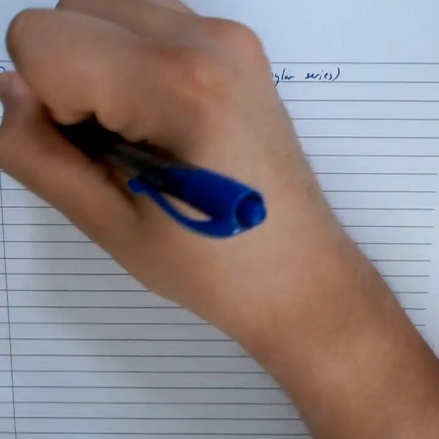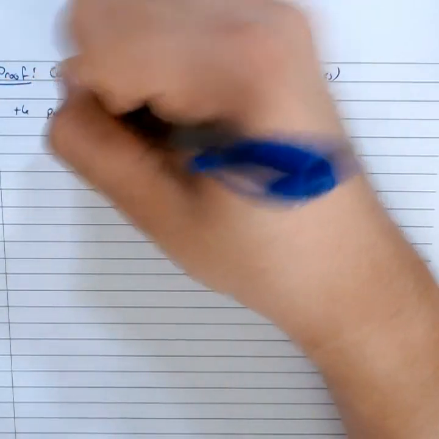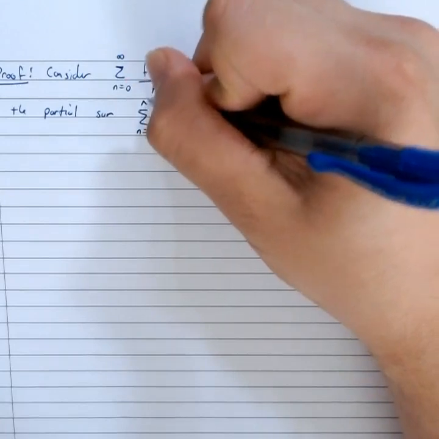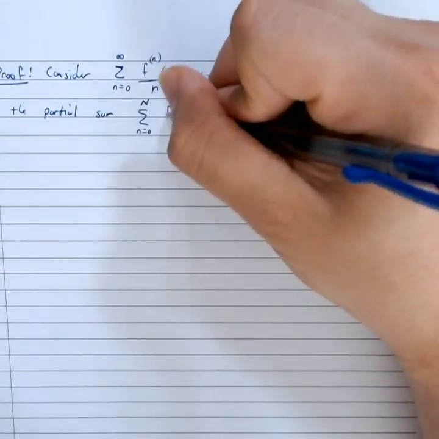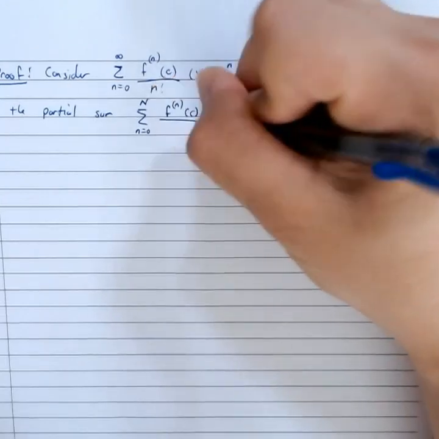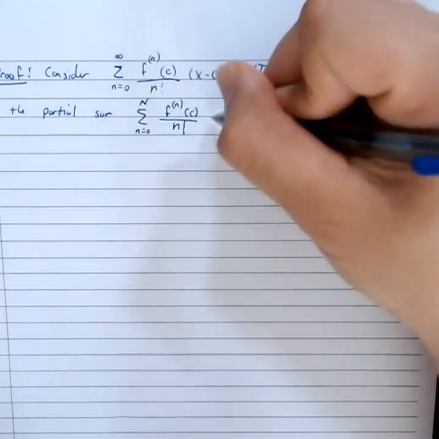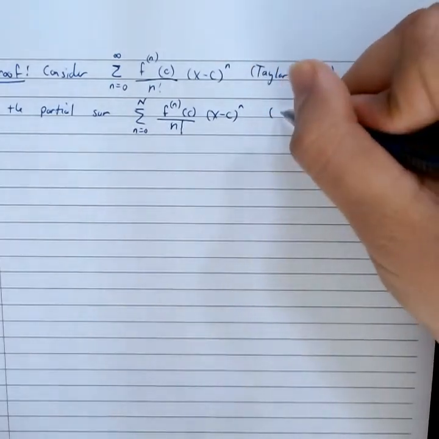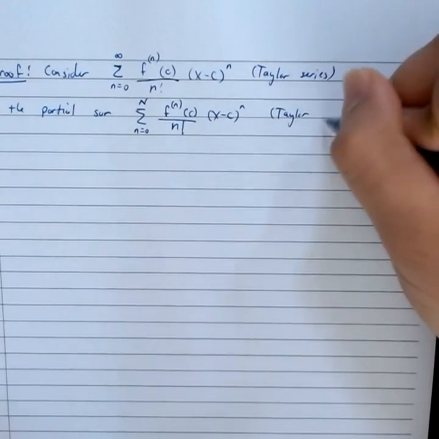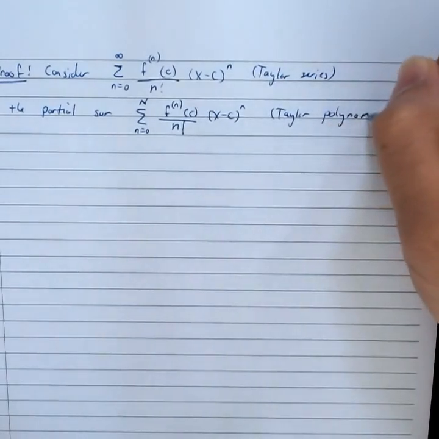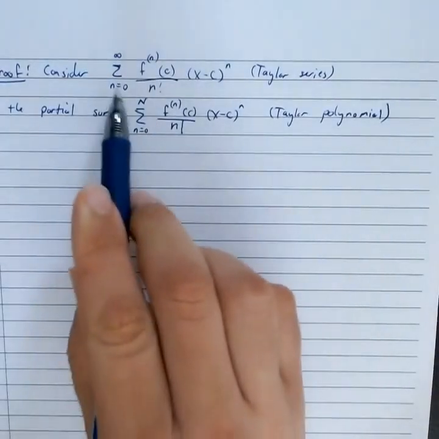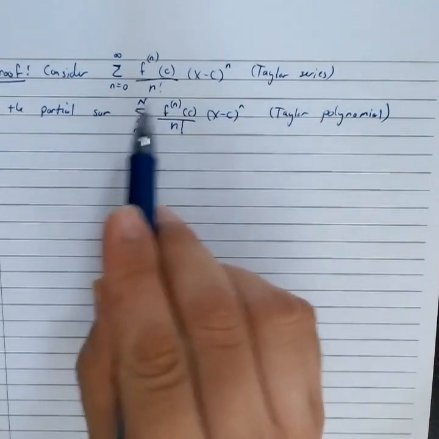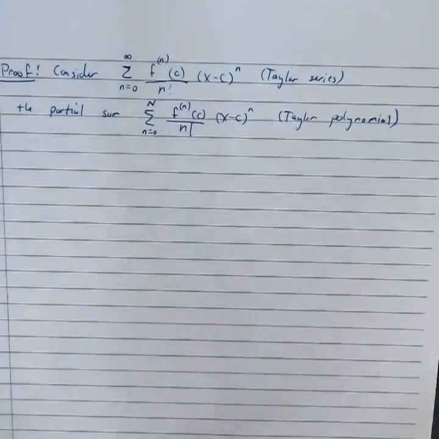The partial sums are the sum as n goes from 0 to just some value n of the nth derivative of f at c over n factorial times x minus c to the power n, and that's an nth degree Taylor polynomial. So if you just let that go to infinity, that's a Taylor series. But if you stop before you get to infinity, if you stop with 5 terms or 10 terms or 100 terms, that's your Taylor polynomial.